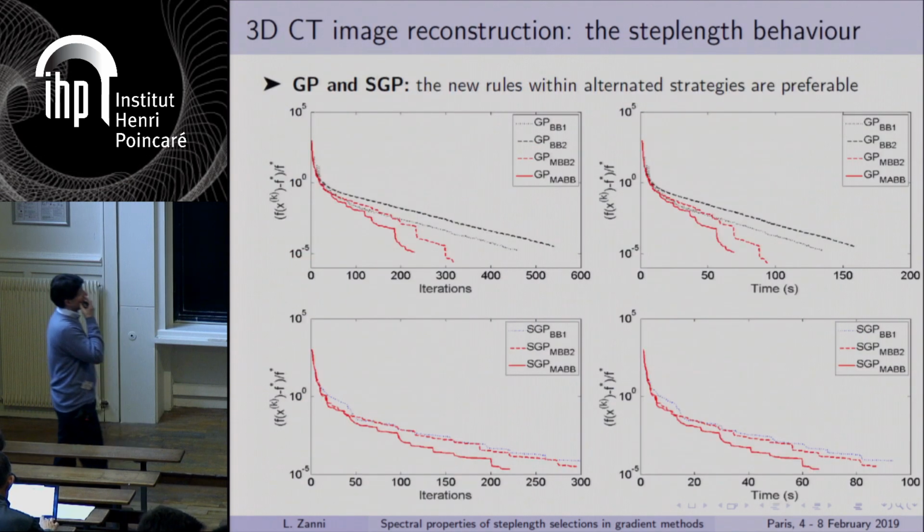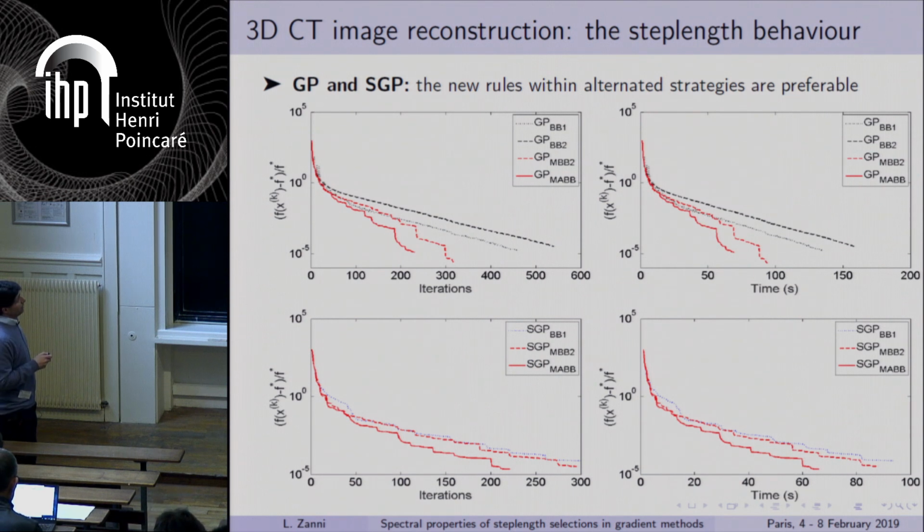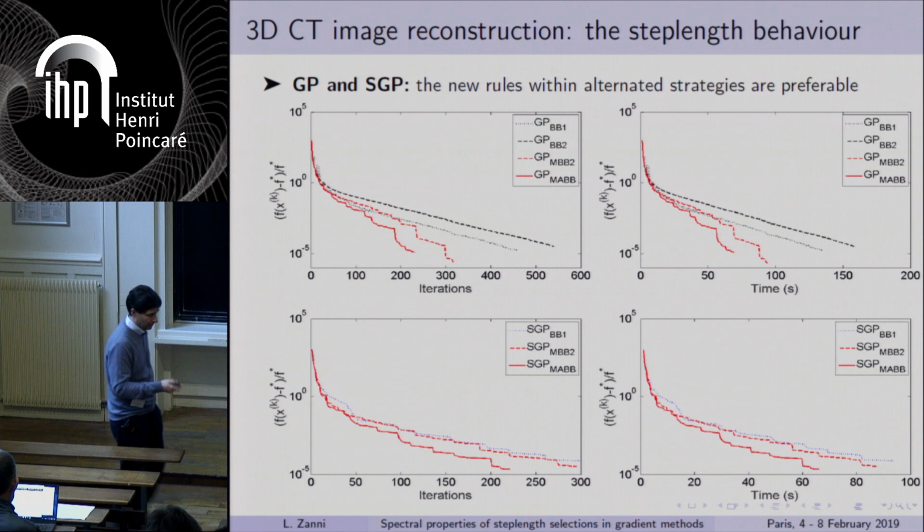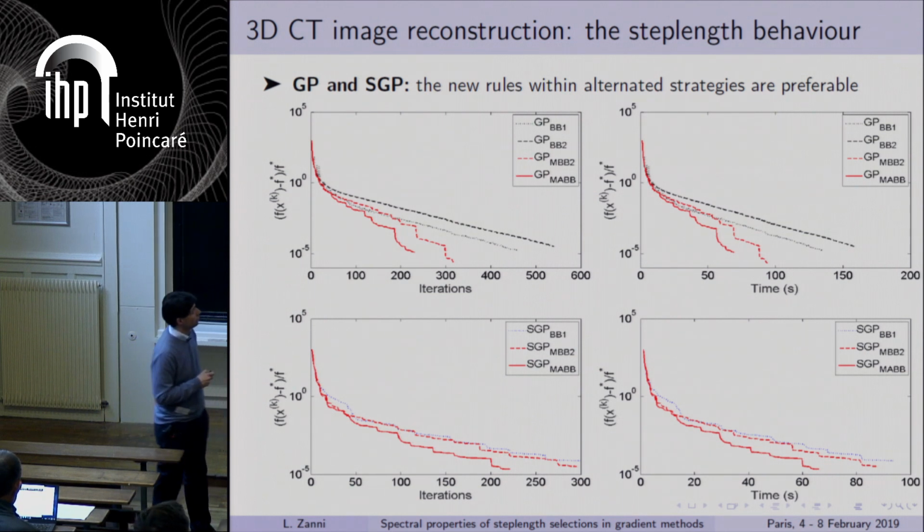First consideration about only the gradient projection scheme. We can observe that a comparison among the different rules that I can exploit, the standard rules BB1 and BB2, the modified BB2 and the alternated rule, provides also in these practical cases the same conclusion observed in the talk.